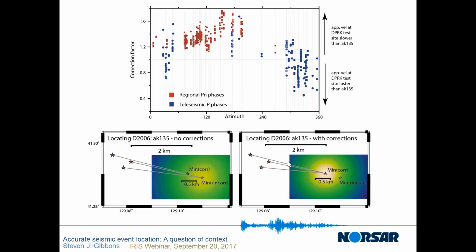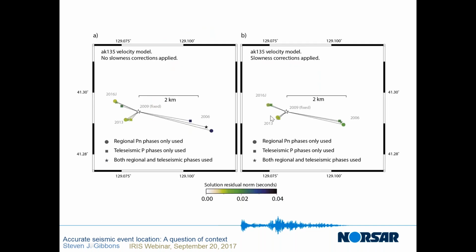And we can see by imposing these adjustments to the apparent velocities for the wavefronts leaving the array, that the preferred position moves a bit. And I have a lot more confidence in this position than this position, simply because the residuals are smaller and it becomes far more robust to the set of stations you use to solve it.